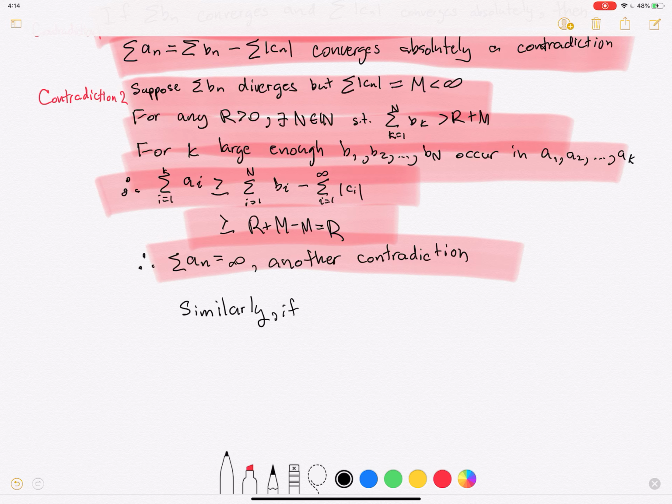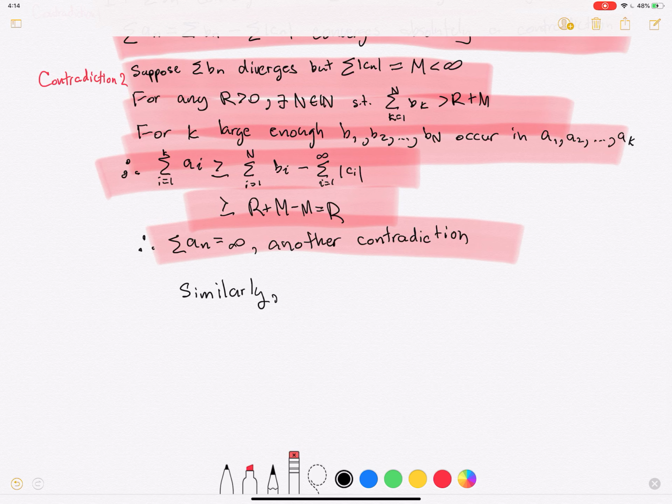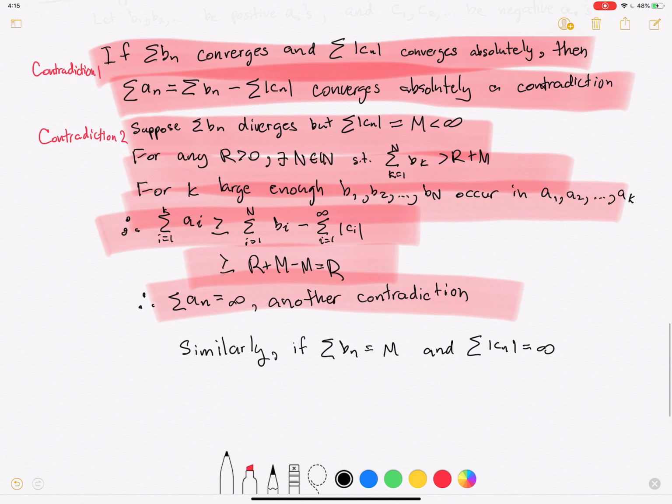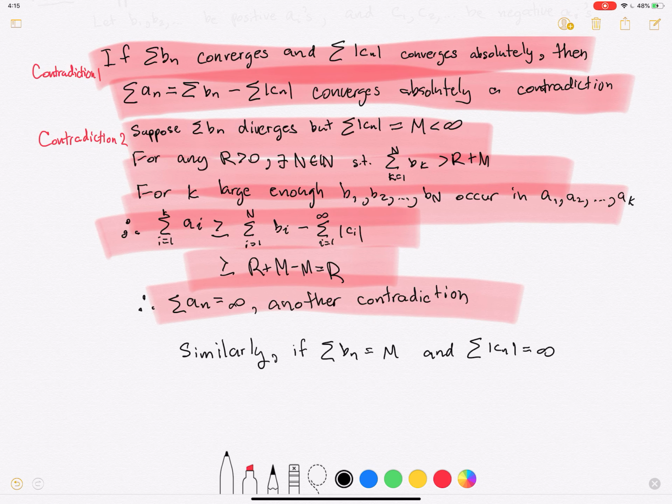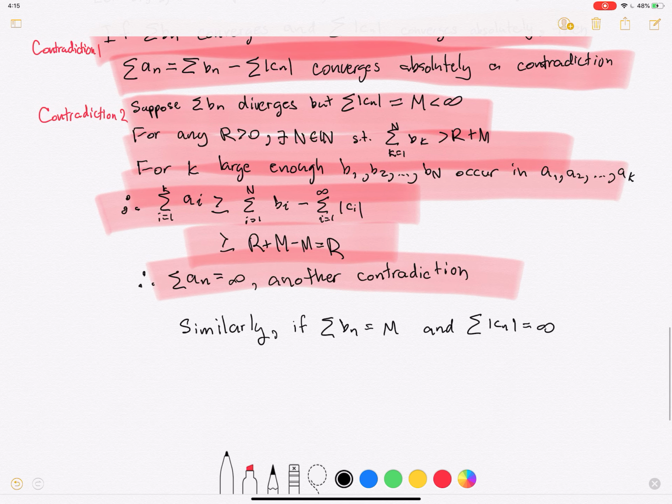If the sum of B_n equals M and the sum of the C_n's equals infinity, then that would imply the sum of B_n equals... If you follow a similar path as for contradiction 2, we would end up with a contradiction.